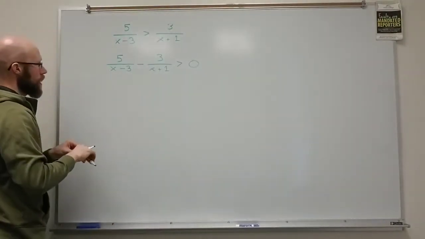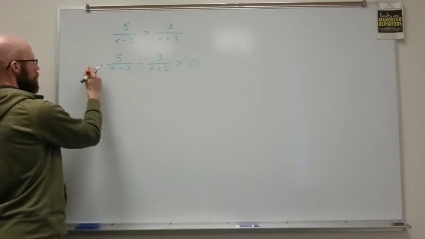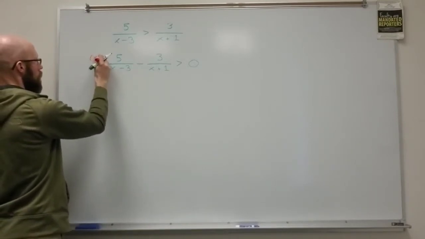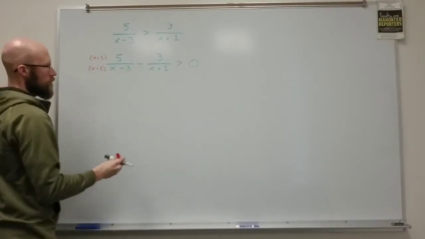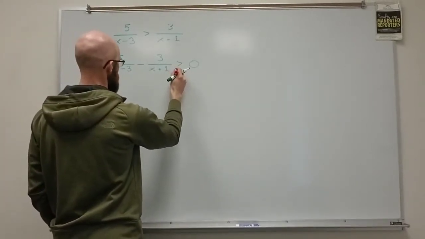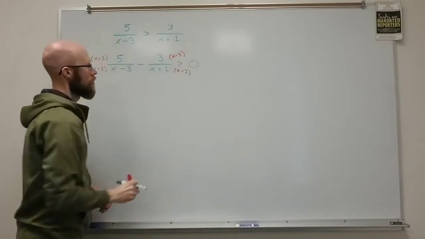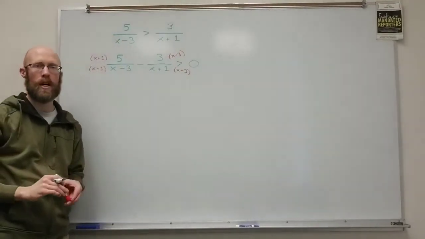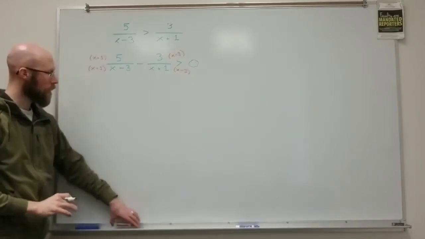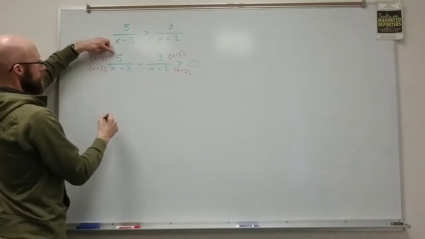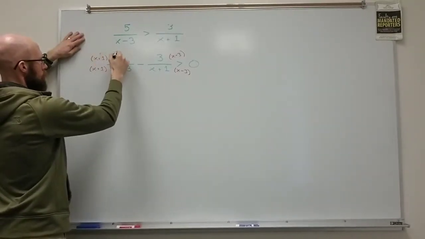So in the first fraction, I'm going to multiply the top and bottom by x plus 1. And in the second fraction, I'm going to multiply the top and the bottom by x minus 3. Okay, that will create the LCD of x plus 1 times x minus 3. Now on the numerators, I'm going to distribute.